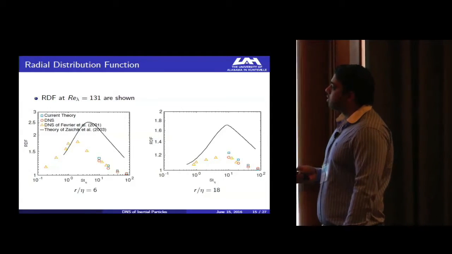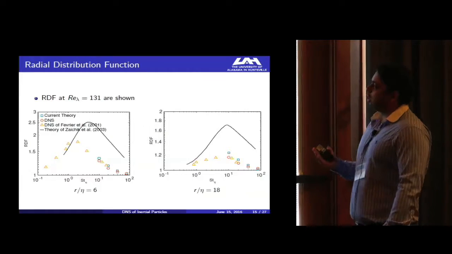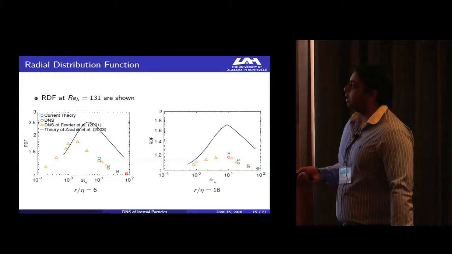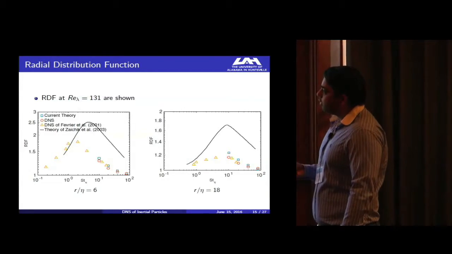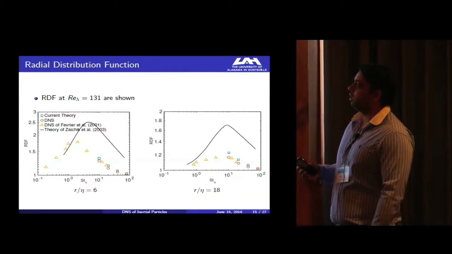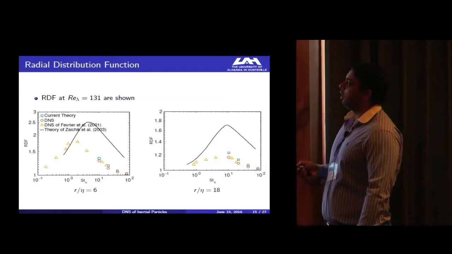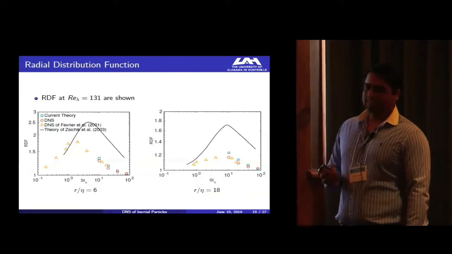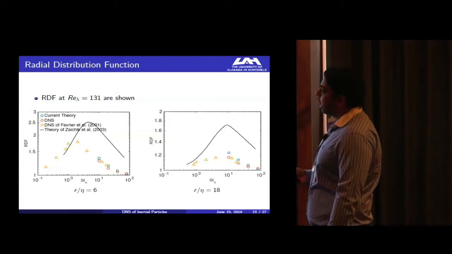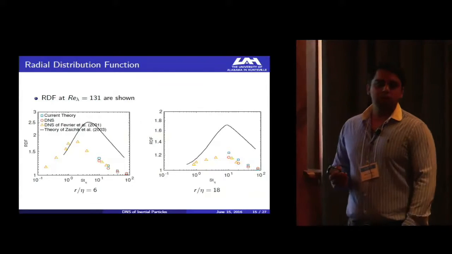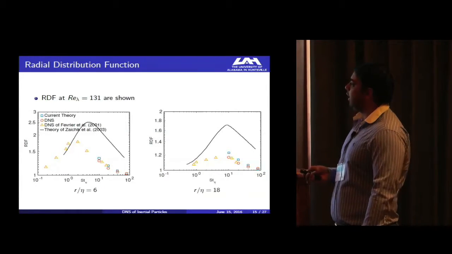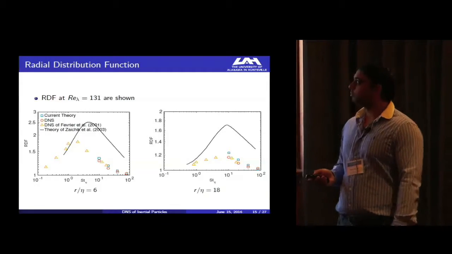The squares represent the RDF obtained using our analytical closure, and the circles are obtained from our DNS simulations. We are also comparing our results with the DNS work of Ferrante et al. and also with the theory of Zaichik et al. And we can see that our current theory is able to capture the RDF trends very well at 2 different pair separations, r equal to 6 eta and 18 eta.